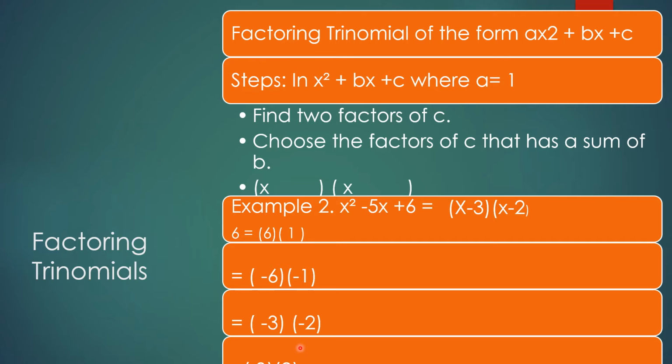Now, which of these two factors, if you add them, gives negative 5? We have this one, so we just write it here. That is now minus 3 and minus 2. That's the factored form of x squared minus 5x plus 6.